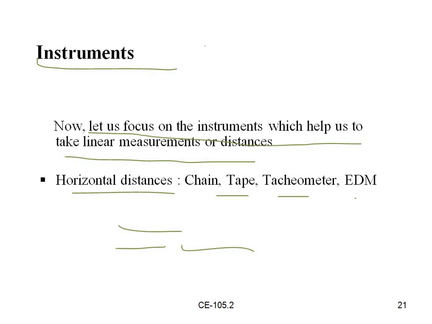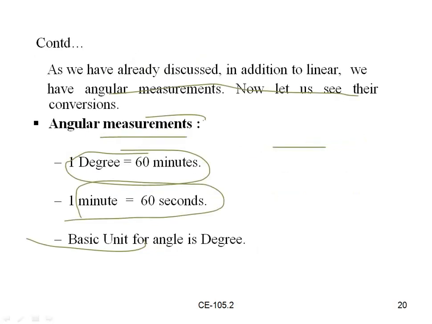Generally the chain is preferred in the basic survey, and tape and tachometer are also present. EDM, electronic distance measurement, is also there. So these are the instruments used in surveying.